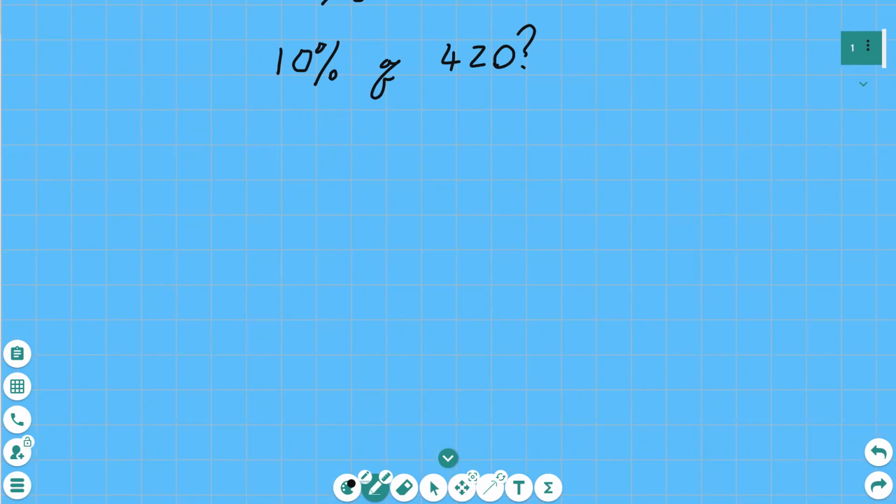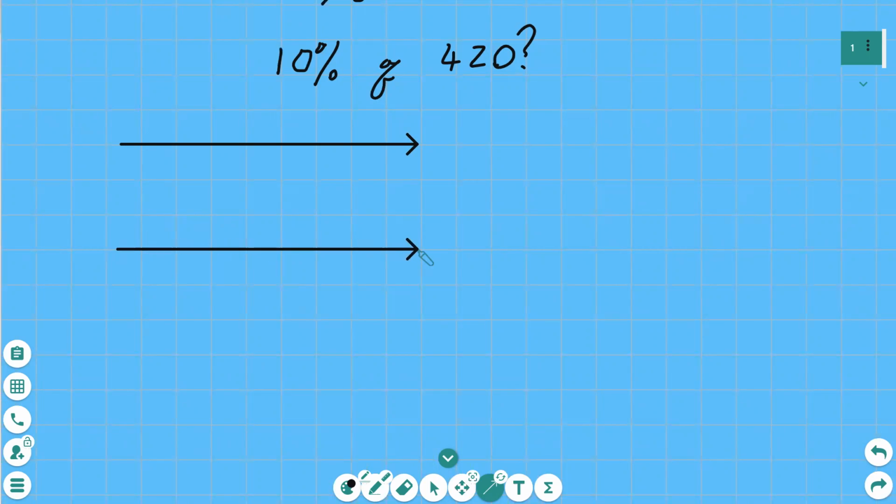And with numbers, I think the best way to think about numbers is as number lines. This is kind of a number arrow, but it'll do. So I've got there a percentage number line, and it goes from 0% there to 100%.